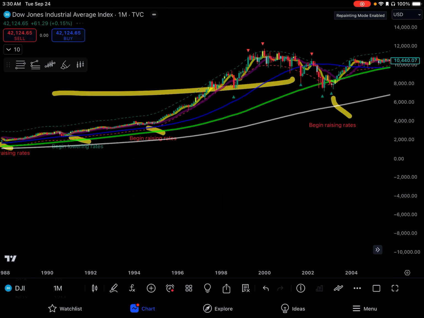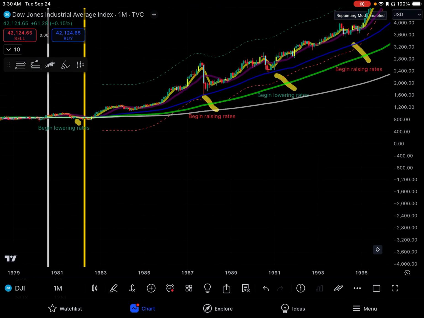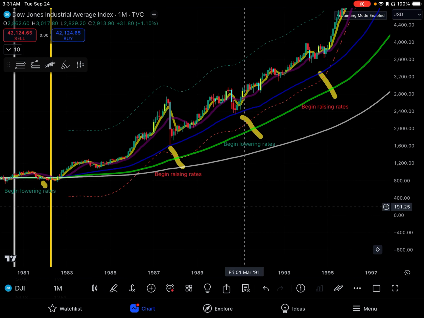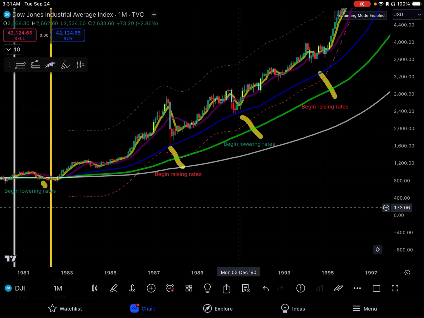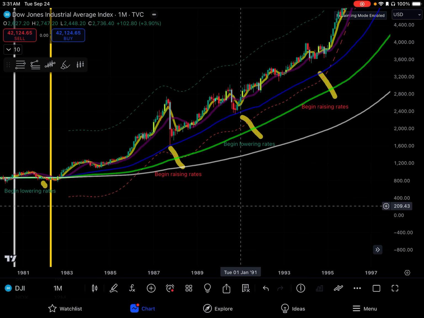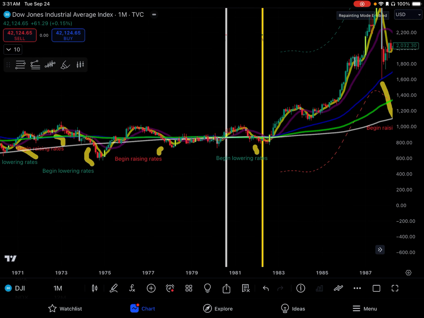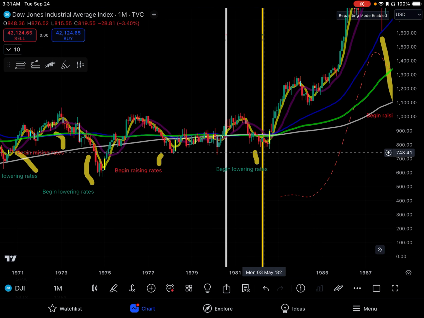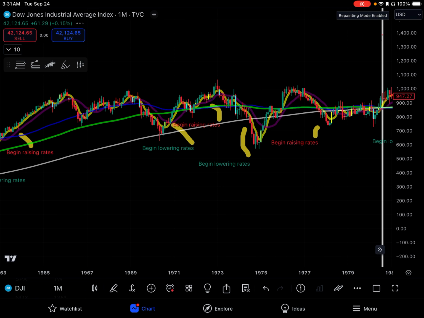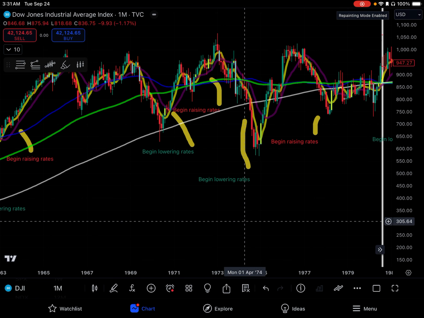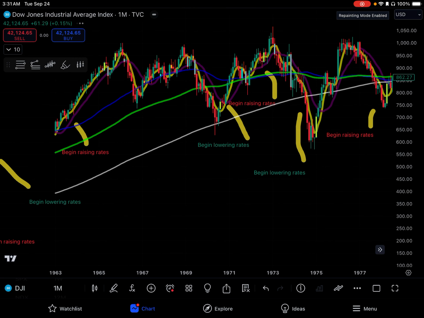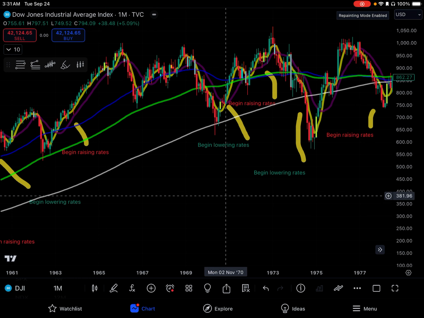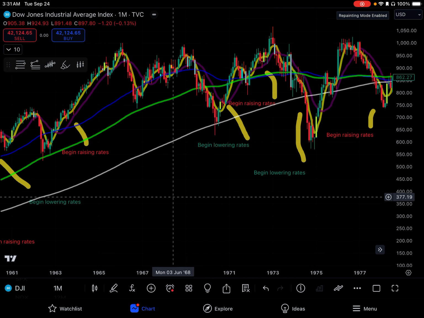where in the past we do see that they're lowering rates after a decline back in 1991, back in January of 82 after the decline here, in 1974 also during a decline, and then in 71 after we started seeing a bull market start after a pretty sharp decline.